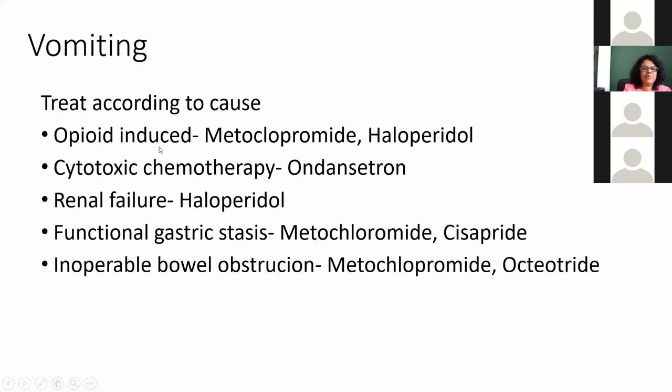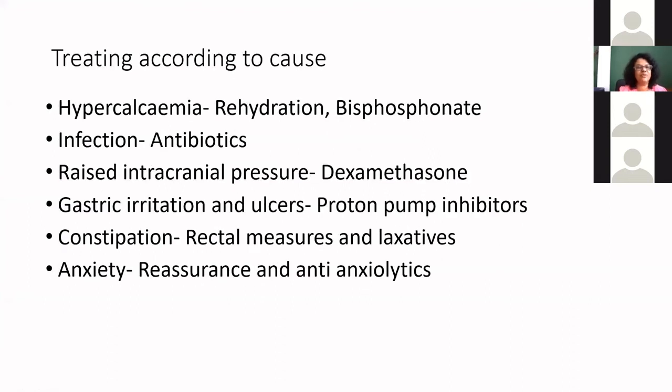For example, opioid-induced, we can use metoclopramide, haloperidol; cytotoxic chemotherapy-induced, ondansetron; renal failure, haloperidol; functional gastric stasis, metoclopramide, cisapride, which we don't have here; inoperable bowel obstruction, metoclopramide, octreotide. So likewise, we have to do a thorough assessment to decide on what medication we are going to give.